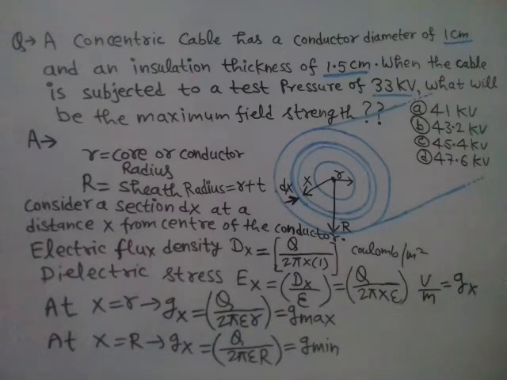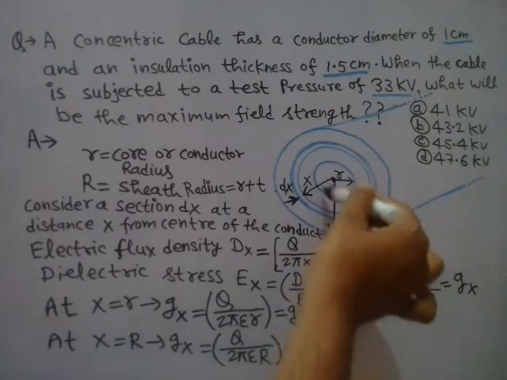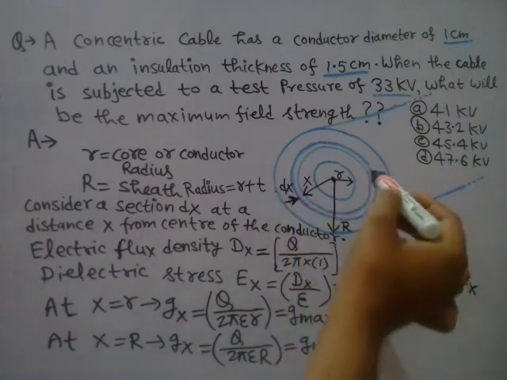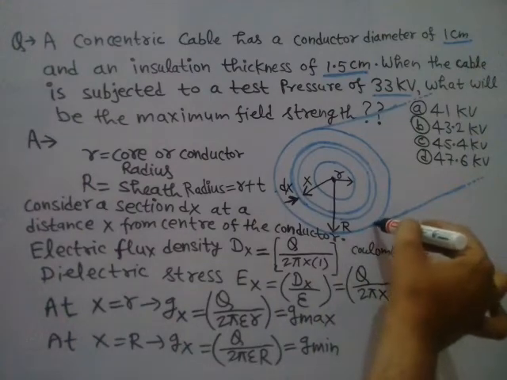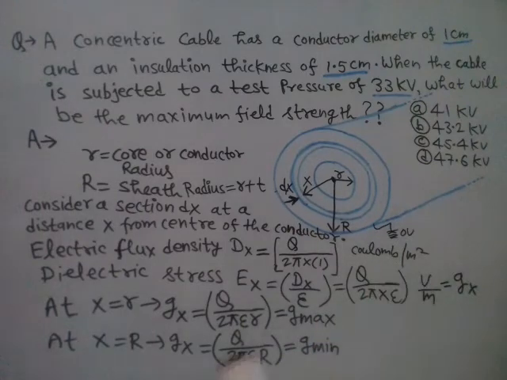So now if I want to calculate the potential difference between the conductor and the sheath. This is the conductor and the sheath. You know that the sheath is always at the ground potential, 0 volt. And this is the conductor.